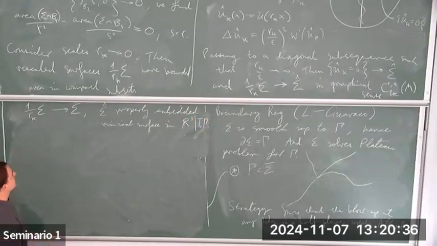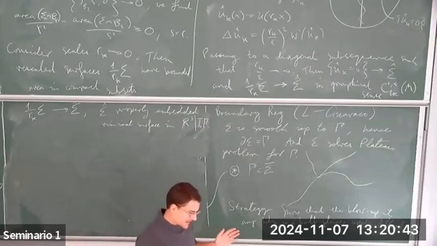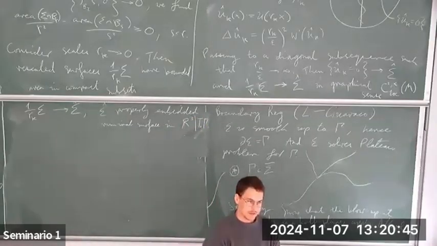And there's something else I can say about sigma hat. Because on my original surface sigma, I had monotone area ratios, the area ratios of sigma hat must be constant in the radius.